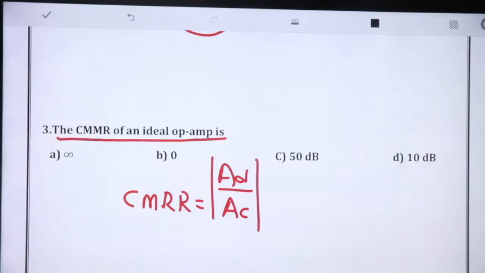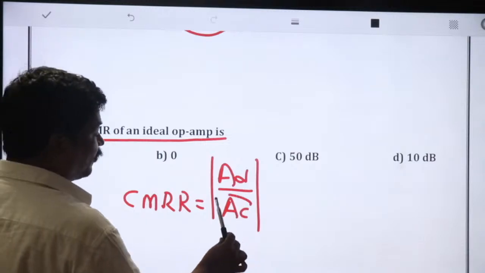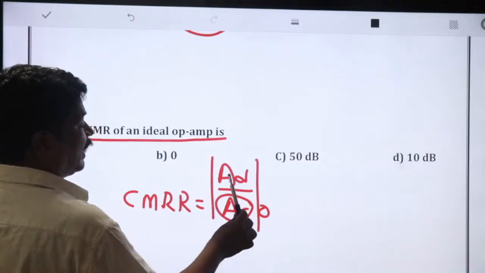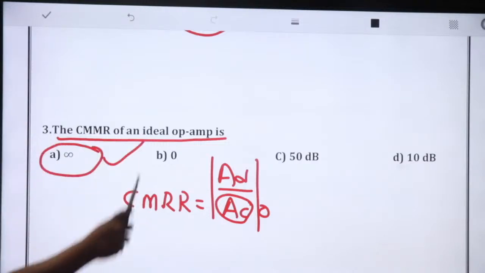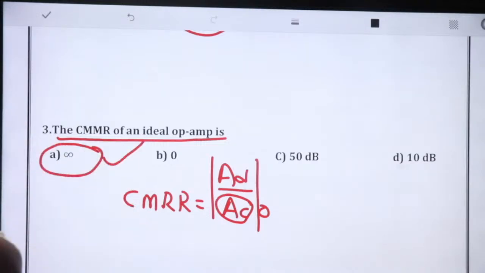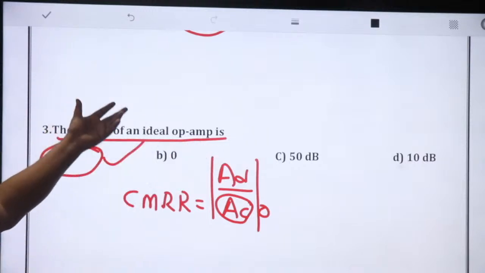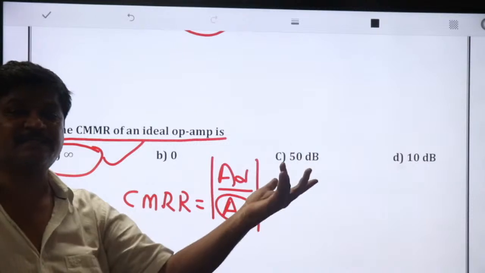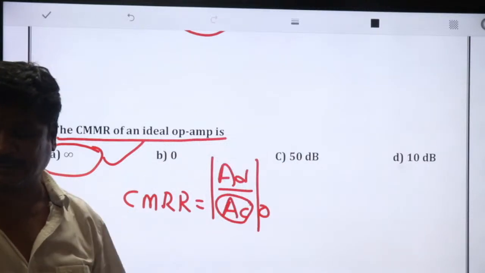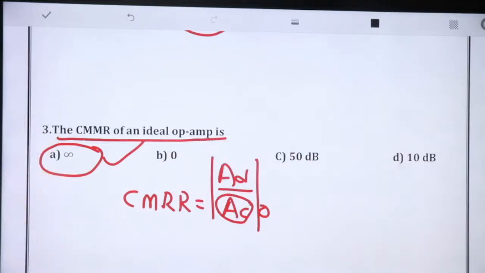For an ideal operational amplifier, the common mode gain should be 0 and the differential gain should be infinity. Answer is infinity. If it is a practical operational amplifier, the CMRR may be 100 decibels or 120 decibels in that order.